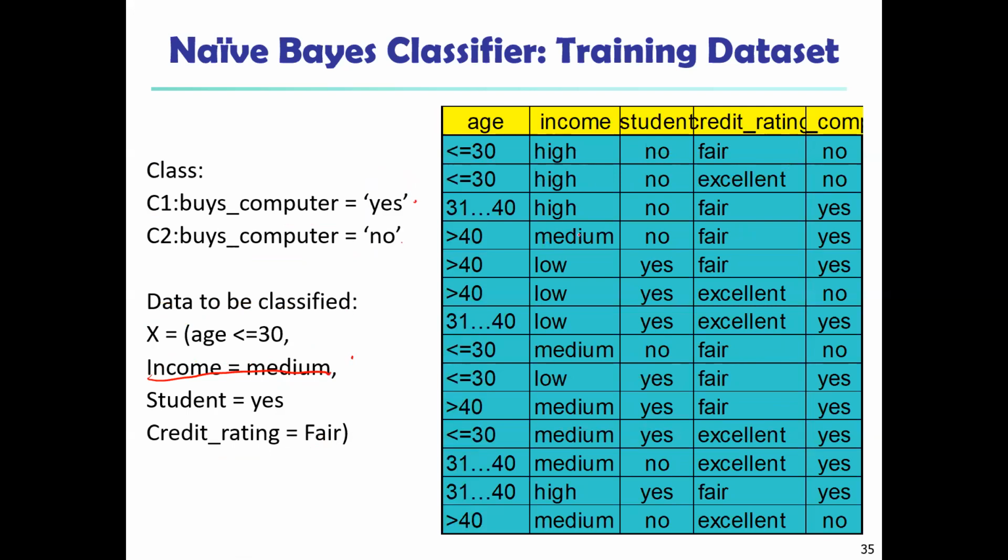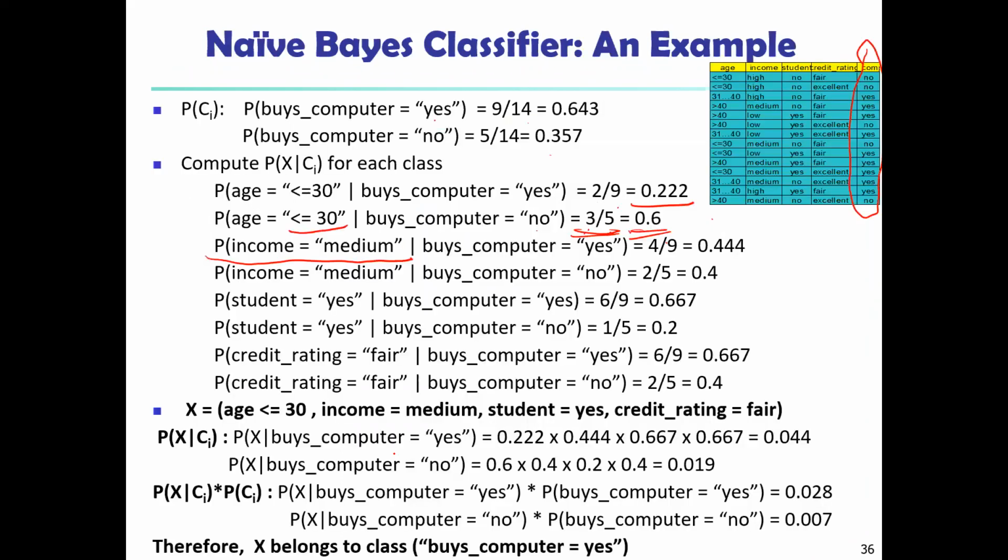So here income medium, 1 no, 2 yes, 3 yes, 4 yes, 2 no's. So there are 2 no's and 4 yes for income as medium.